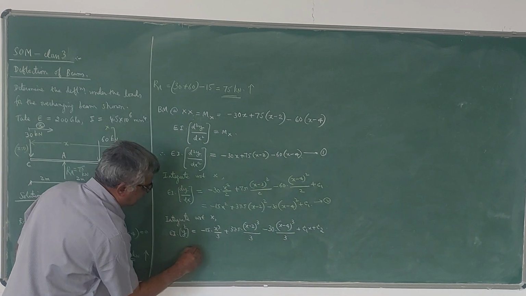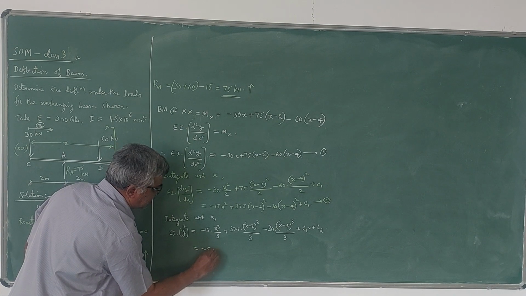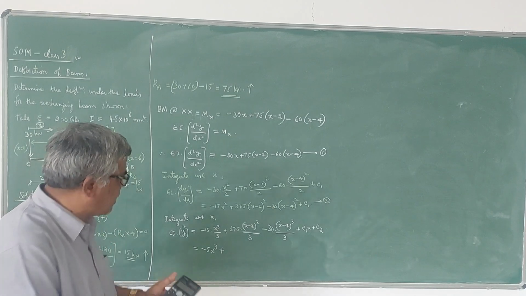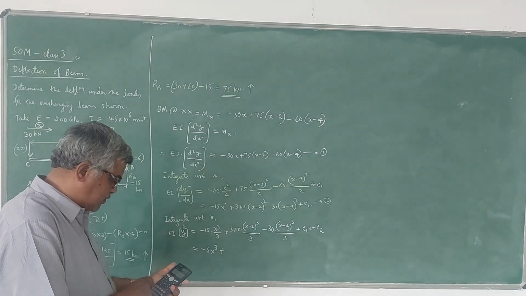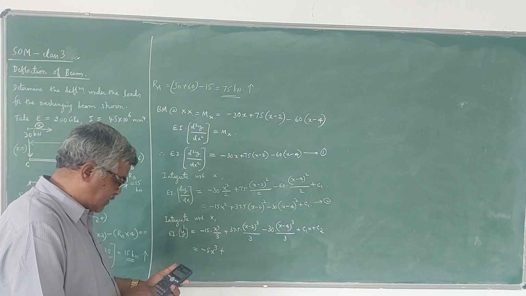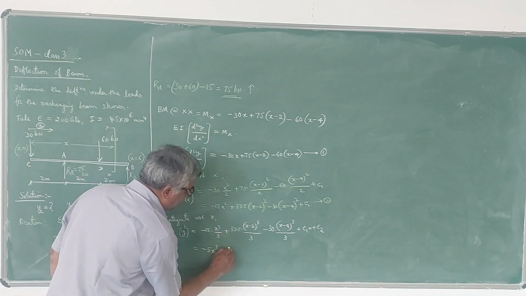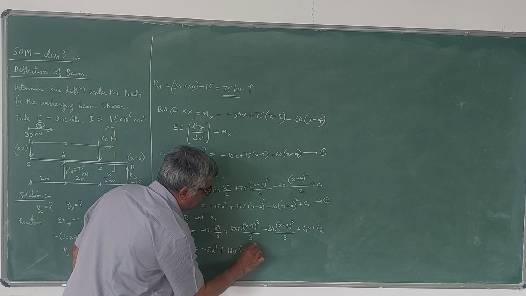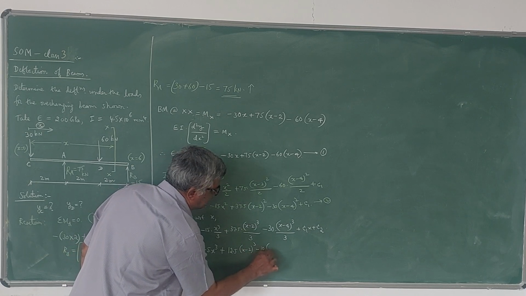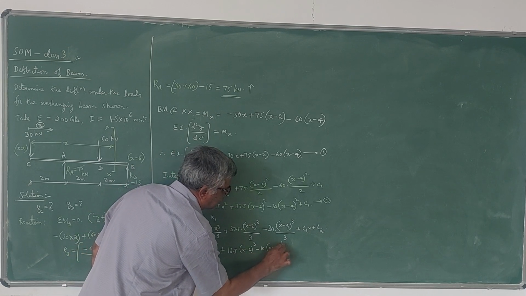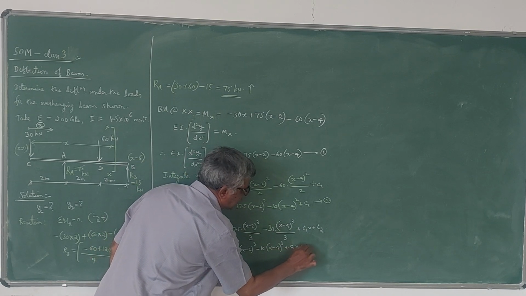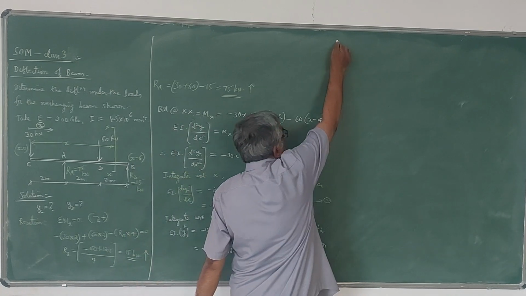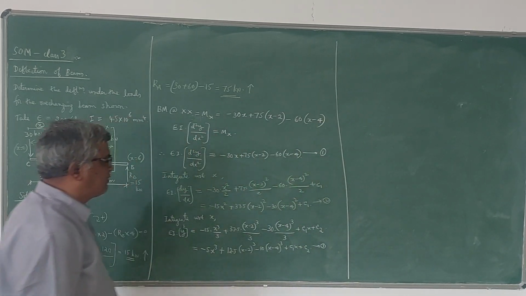If we simplify this: minus 5x cube plus 37.5 divided by 3, which is 12.5, so 12.5 into x minus 2 whole cube, minus 10 into x minus 4 whole cube, plus c1x plus c2. So this is equation 3. So we got the moment equation, slope equation and deflection equation.